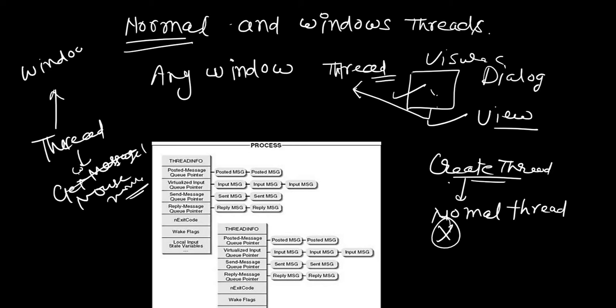How does the system make it a window thread? Basically, the system associates a data structure which is known as the thread info. You can see the thread info structure here inside this window.